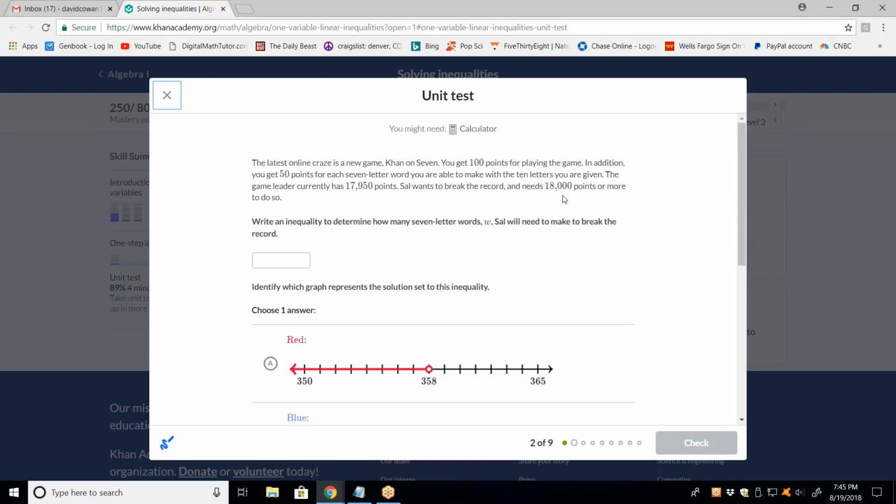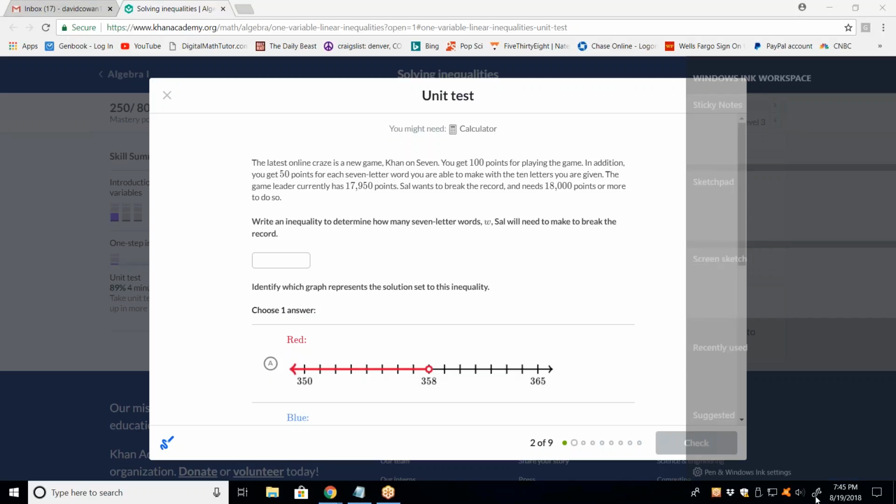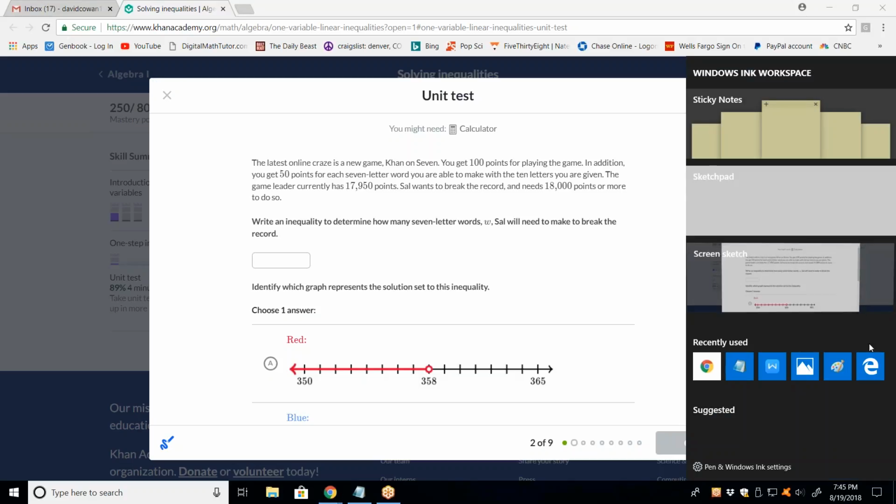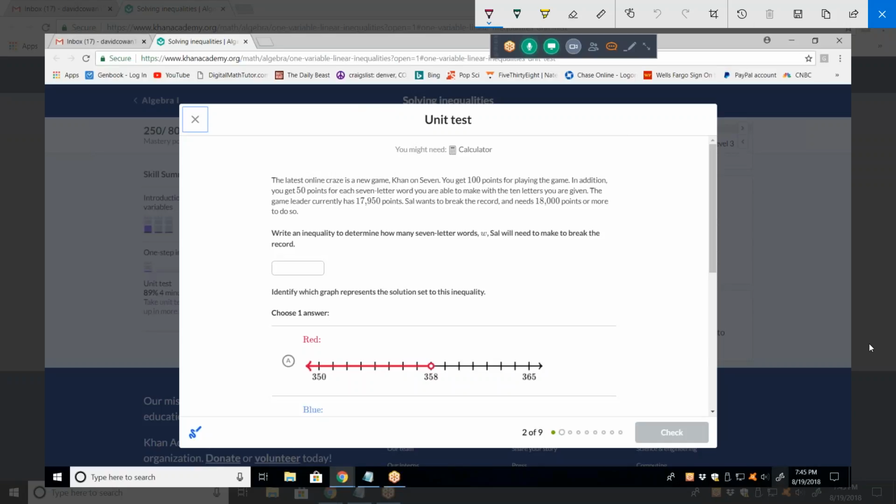Always. And again, they're helping us out here by defining W, how many 7-letter words. That's what W is equal to. W equals the number of 7-letter words.